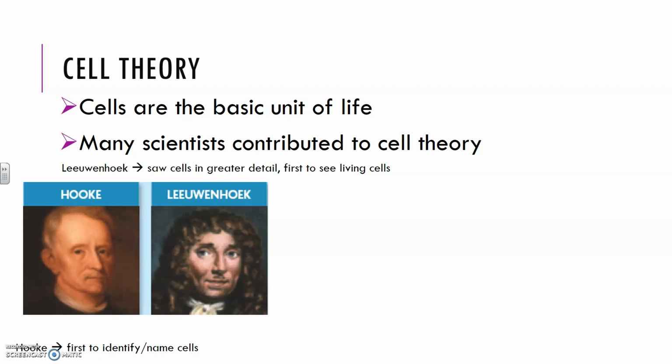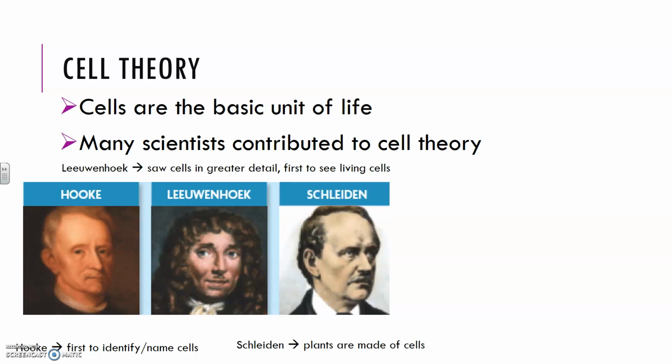So Leeuwenhoek was the first one to actually see a living cell and see that there is some motion involved. He couldn't necessarily see all of it, okay, because his microscope was not that great, but he did see a lot of detail and really saw a lot more than what Hooke did.